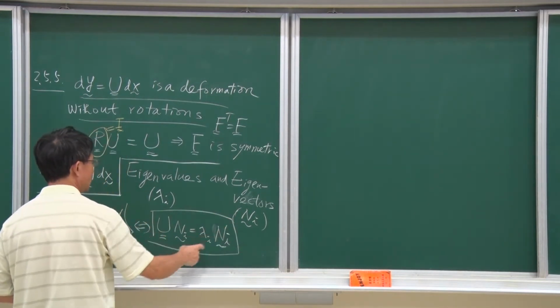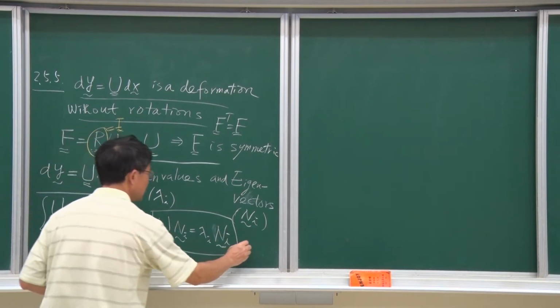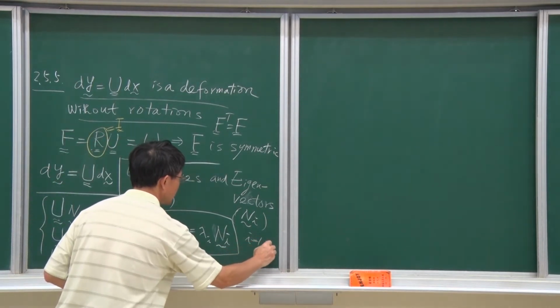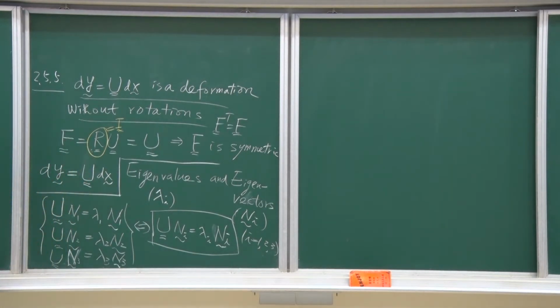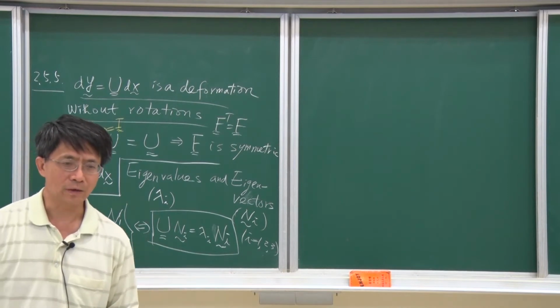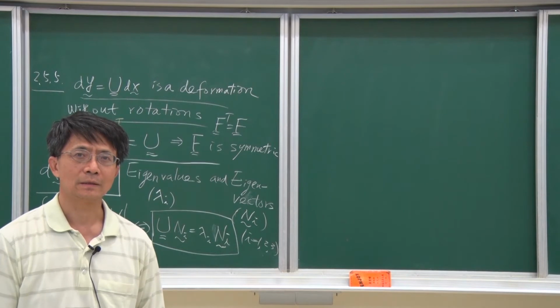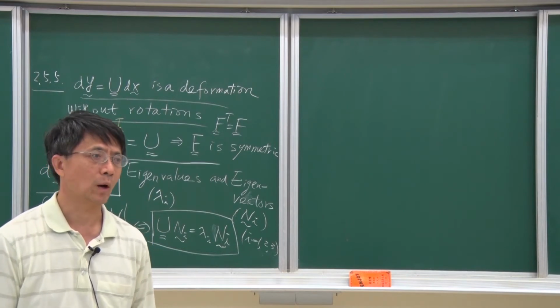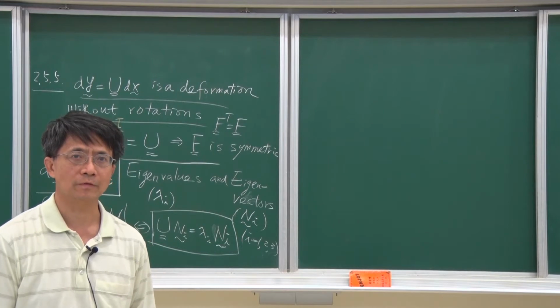This is the eigenvector. This is the eigenvalue. Okay, can you get this? If you cannot get this idea, it means that you have trouble now, because such concepts are quite common in undergraduate level mathematics.